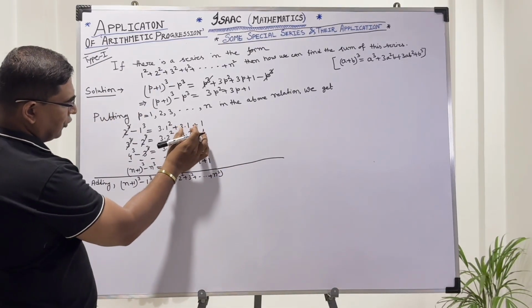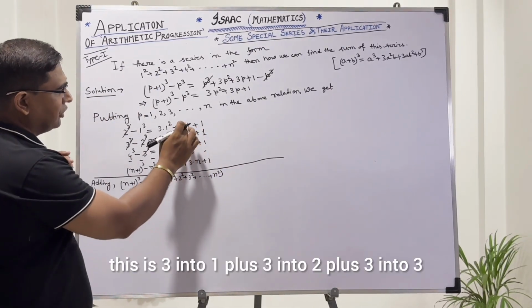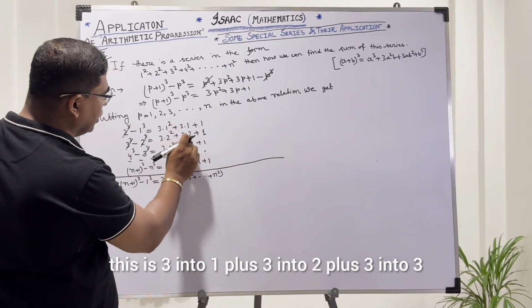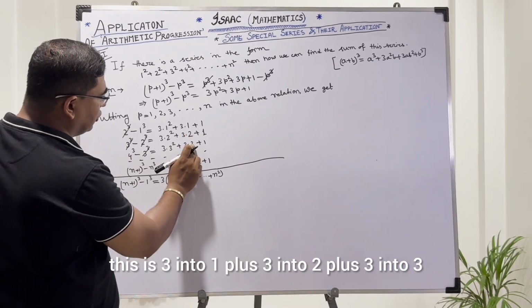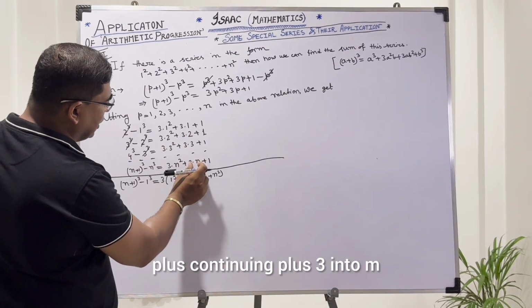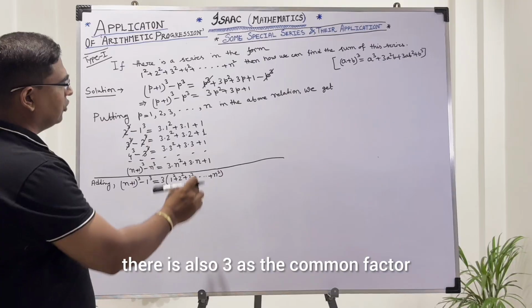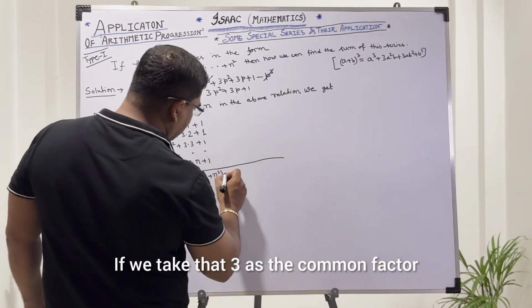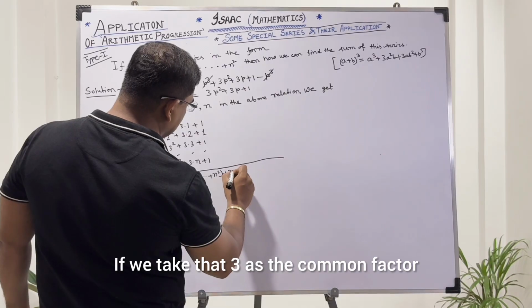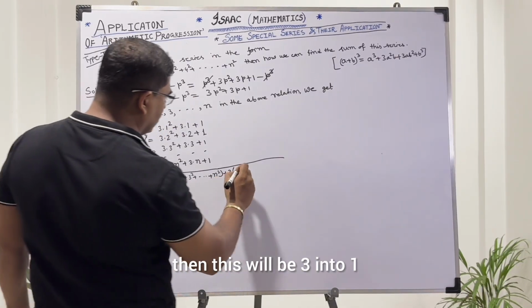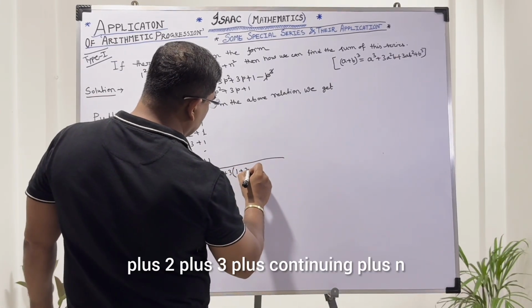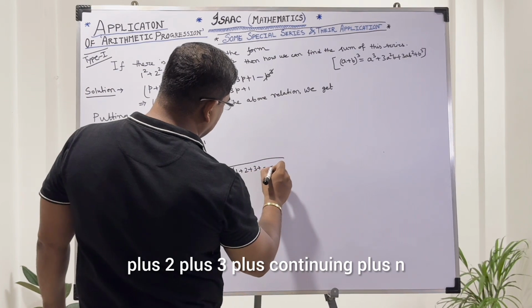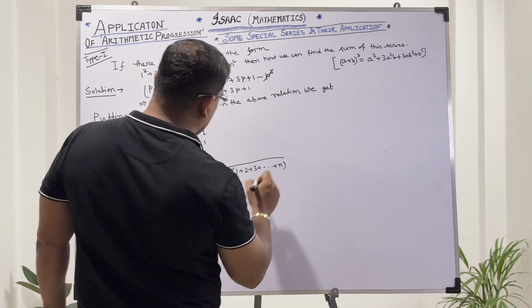If we follow this thing, this is 3 into 1 plus 3 into 2 plus 3 into 3 plus continuing plus 3 into n. There is also 3 as the common factor. If we take that 3 as the common factor, then this will be 3 into 1 plus 2 plus 3 plus continuing plus n.